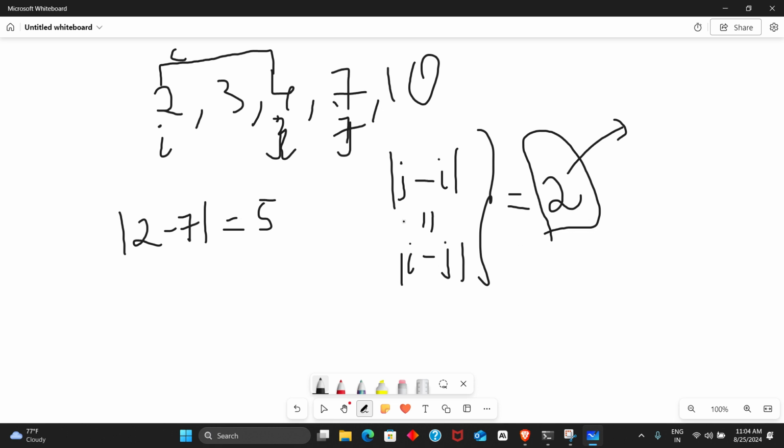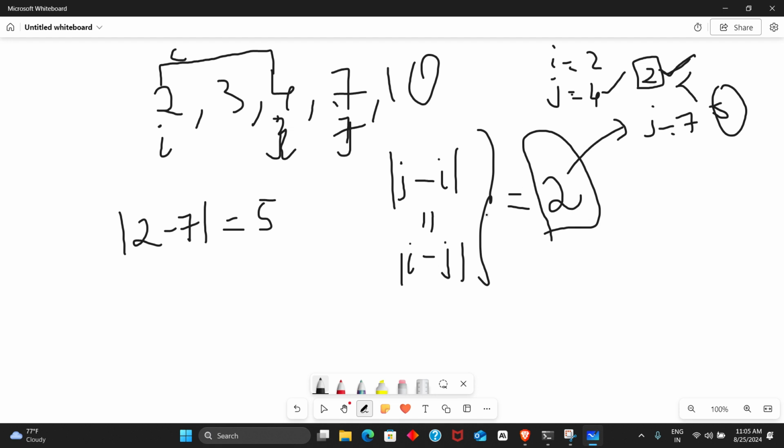So we can see if we take I as 2 and J as 4, the answer is 2, which means it is 2 points closer. 4 and 2 are 2 points closer. And if we take J as 7, it is 5 points closer. So clearly 2 is less than 5. So this is clearly the closest point, right? Which is 4 is the closest point.